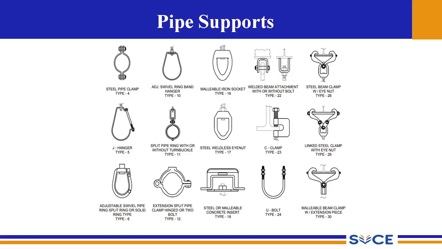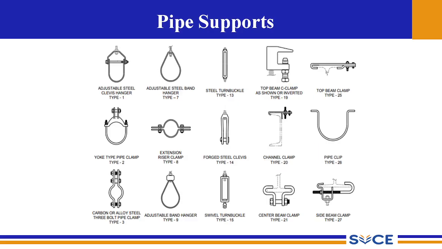So type 7 is again an adjustable steel band hanger. This is also providing a means for the vertical adjustment, and it restrains the movement in the horizontal direction. Then type 8 is the extension riser clamp.